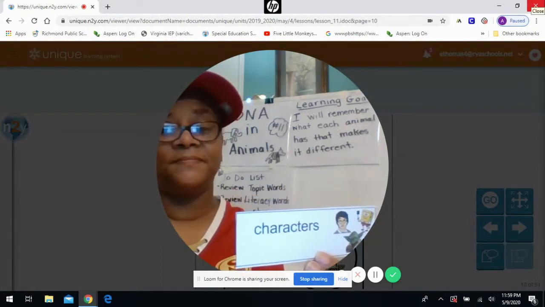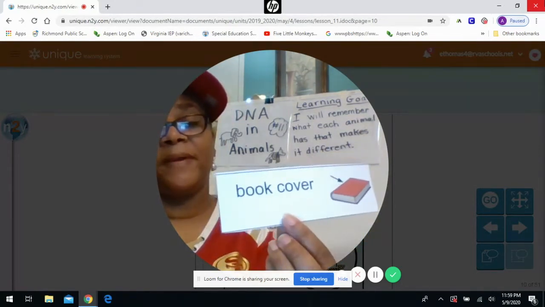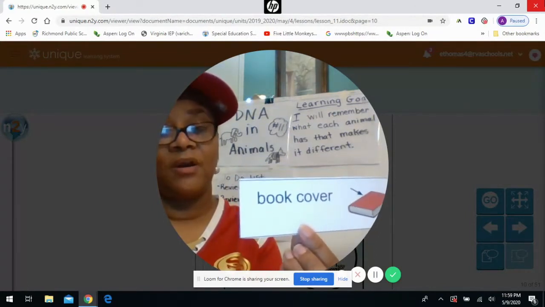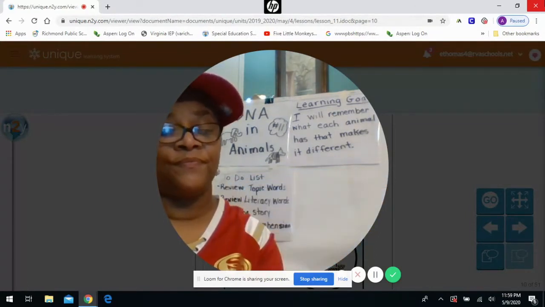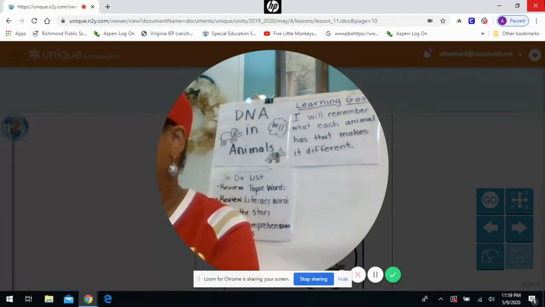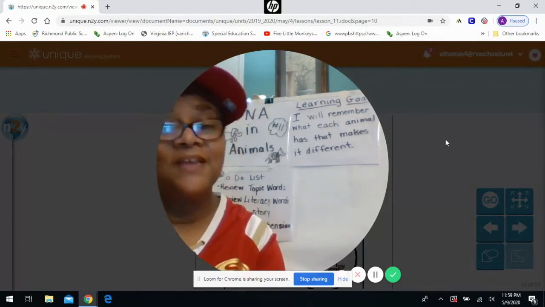And it's all between a back cover and the front cover, the covers of the book. All right, very good. So we've gone over our literacy words and our topic words.